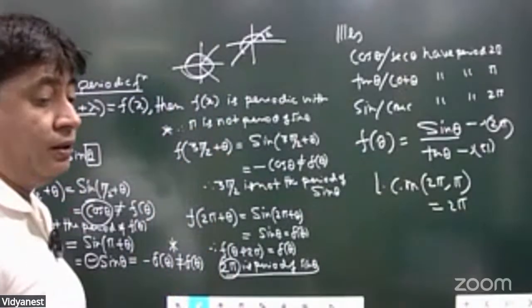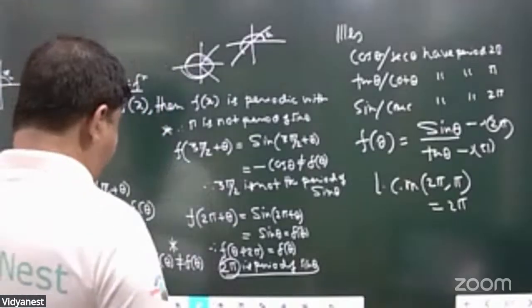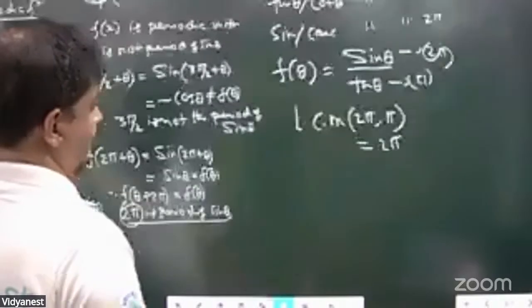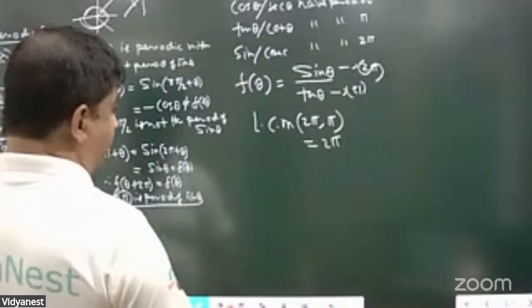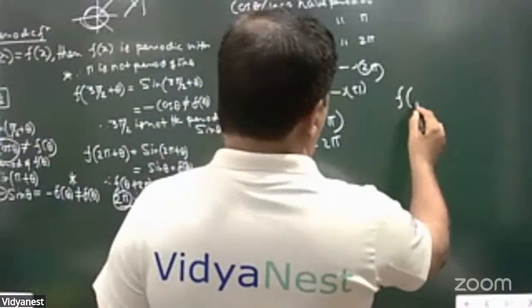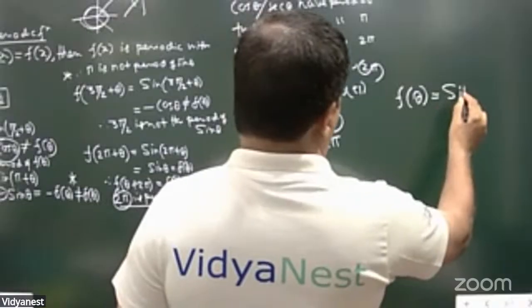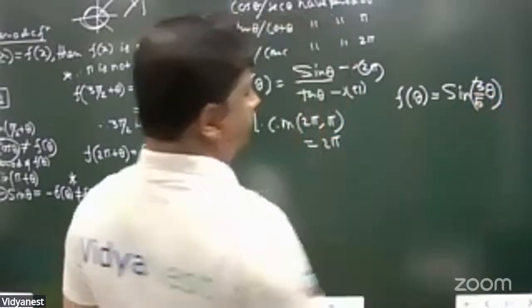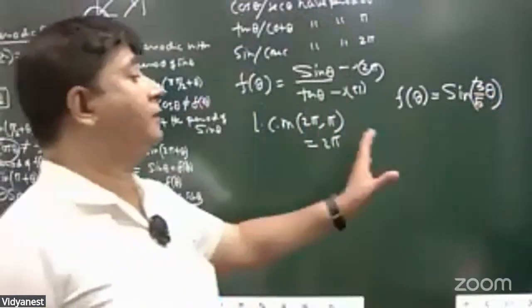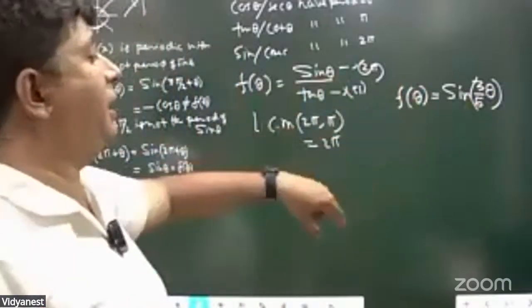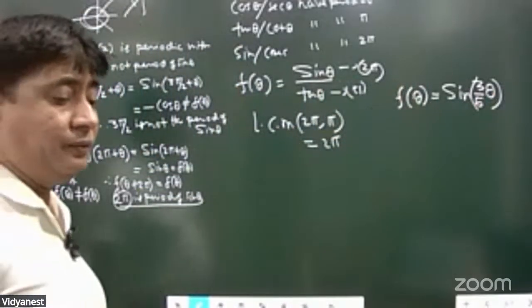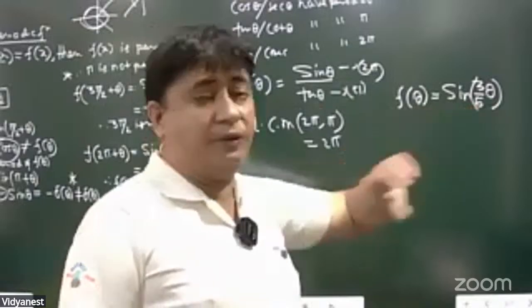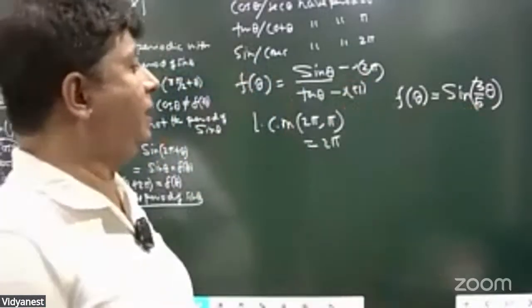Now students get confused if they get sums like this. f(theta) is equal to sine of 3 by 5 theta. Means instead of straight sine theta, there is 3 by 5 theta. What will you do then? If you go with the normal 2 pi period, it will give you nothing. Why?